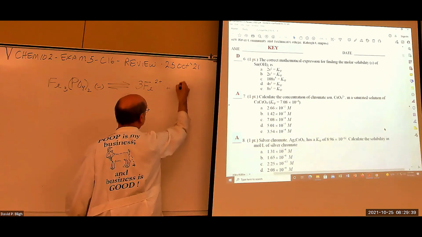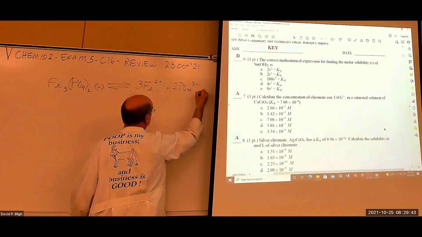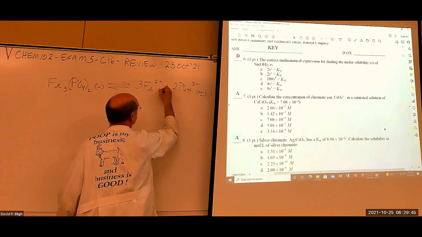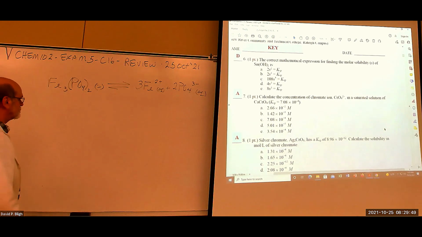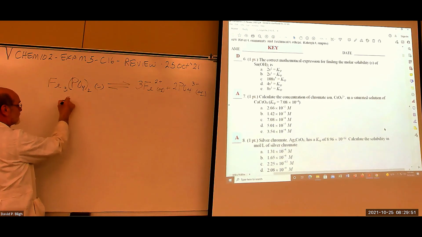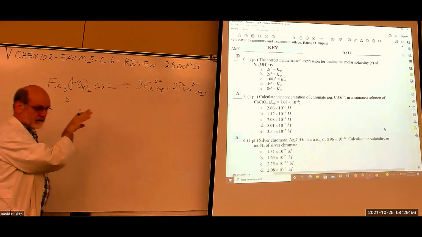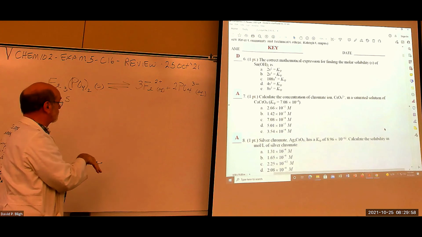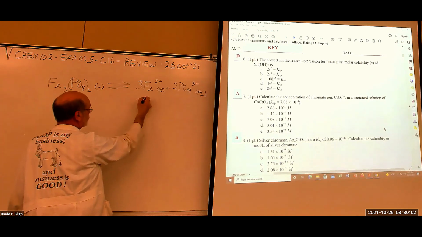This one is going to have 2 phosphates go into solution. Now, if its solubility is in terms of S, so many moles of this per liter go into solution. What do we have over here? Well, for every one of those, you have 3 of these, correct?